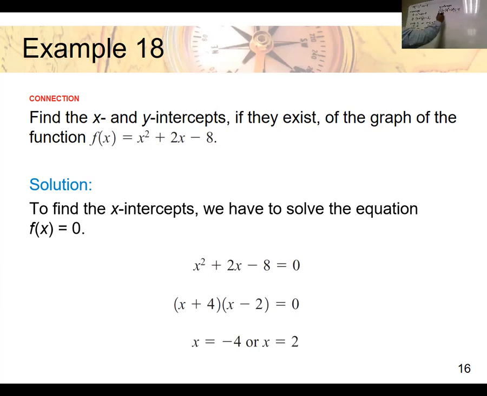If I simplify, 0 squared is 0, 2 times 0 is 0, 0 plus 0 is 0, and 0 minus 8 would be -8. So at y equals -8, the graph of that function crosses the y-axis. They write the y-intercept as an ordered pair, (0, -8).